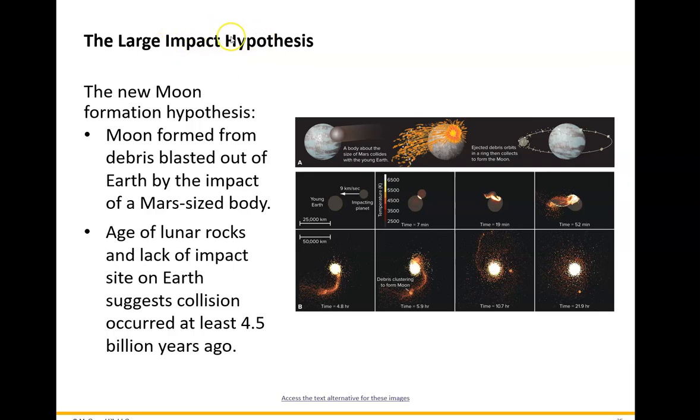The people who were backing this, it's called the large impact hypothesis. All right, so here's the basic idea. There was a large object in the early solar system, something about the size of Mars. In fact, in astronomy, we love to name stuff. It's a pretty standard thing to do.